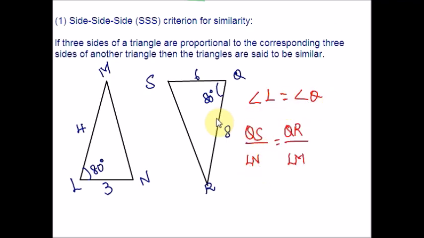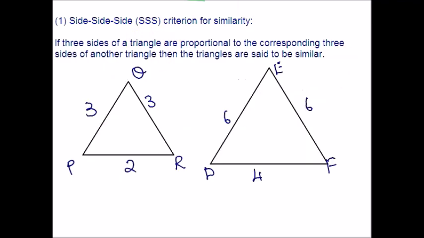Let me take one more example and show it for SSS. I'm just taking an example with no angles, but the measurements of three sides are given, PQR and DEF. PQR will be similar to DEF if the proportions of the sides are equal. Let me write the proportions. Compare these sides. PR is 2, DF is 4, 2 times 2, and this is 3 times 2.